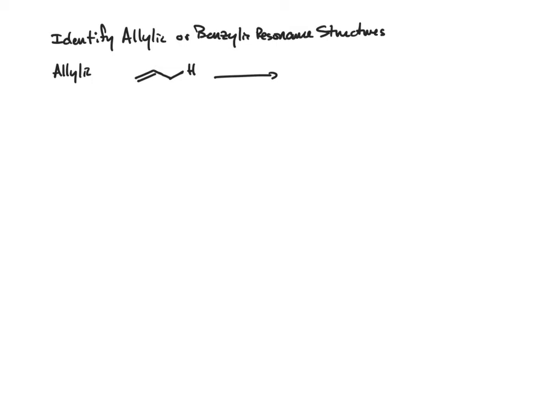So if I just said form an allylic radical through homolytic cleavage. So homolytic means it's the same type, so it's radical. We use the fishhook arrow, which is a single-headed arrow, to note how those electrons are moving.